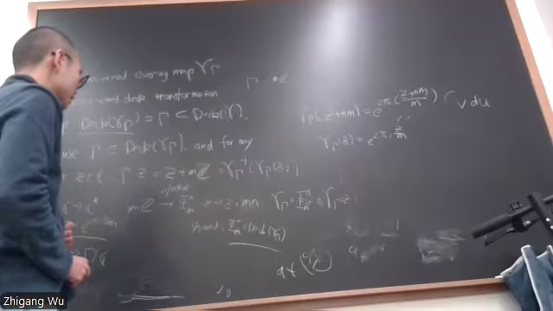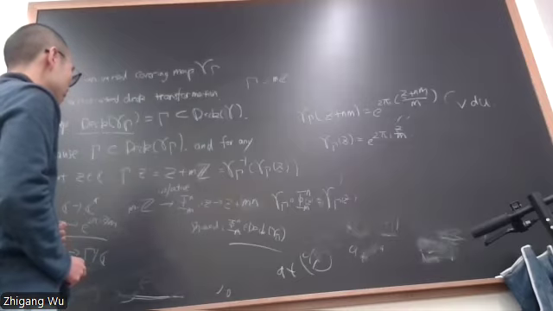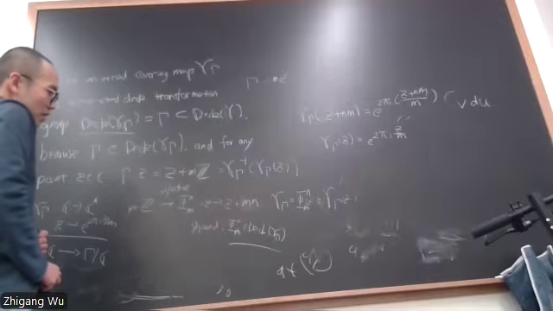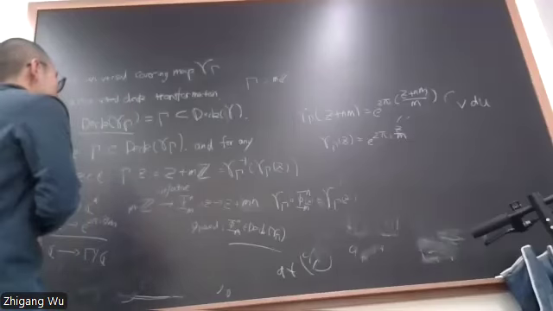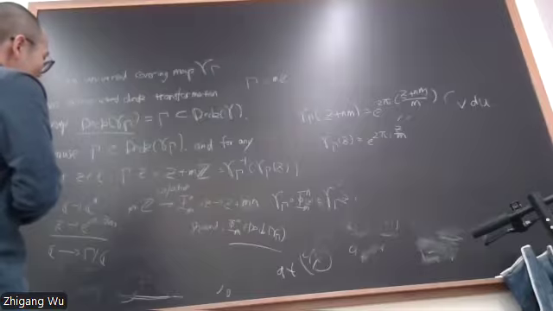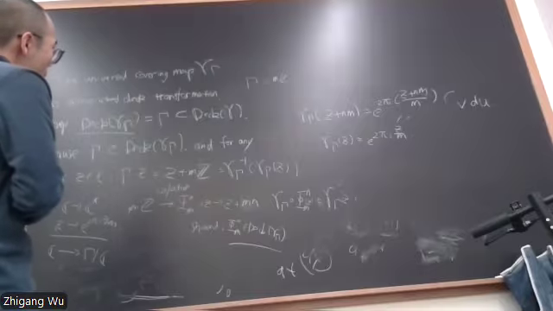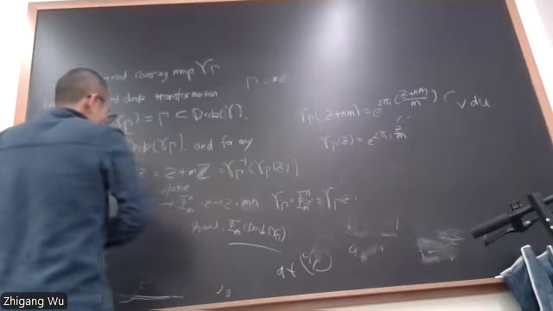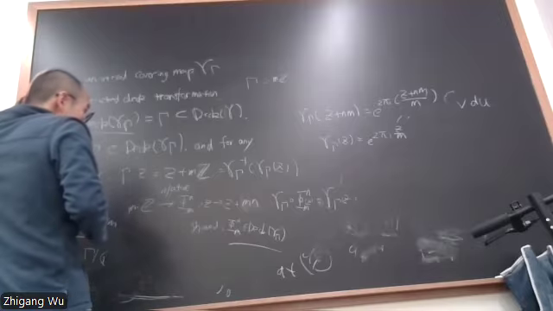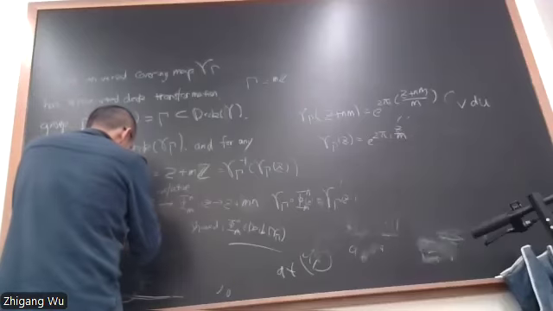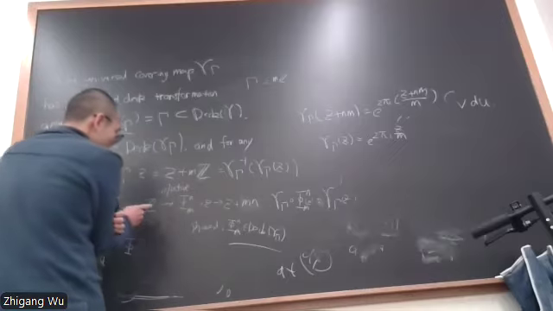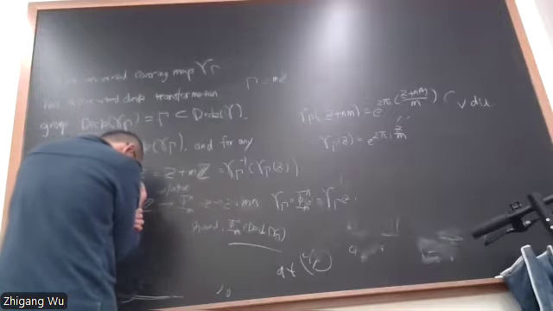Why is it injective? Because if you have one unit inductive, the map mZ goes to, okay, so what is really the map?